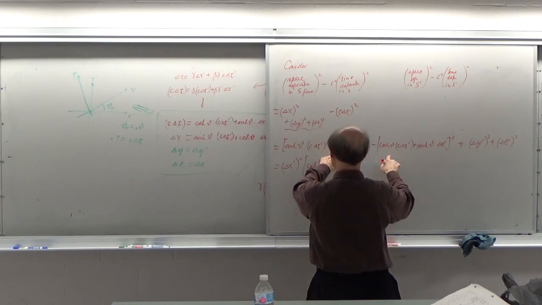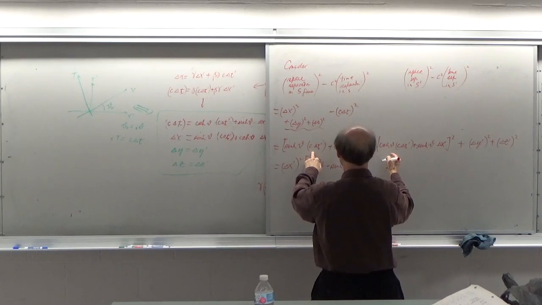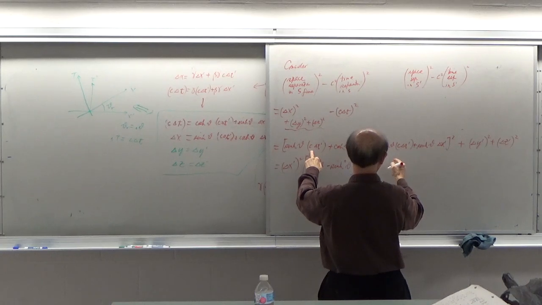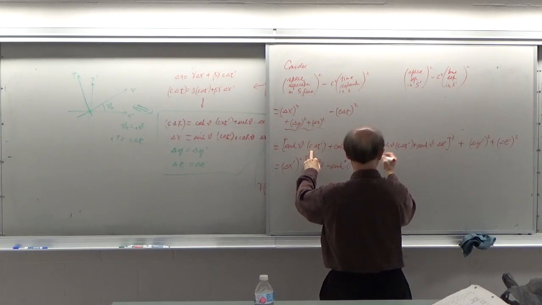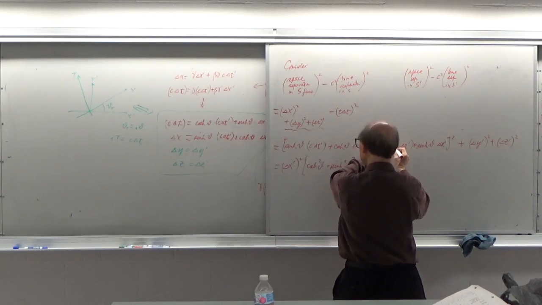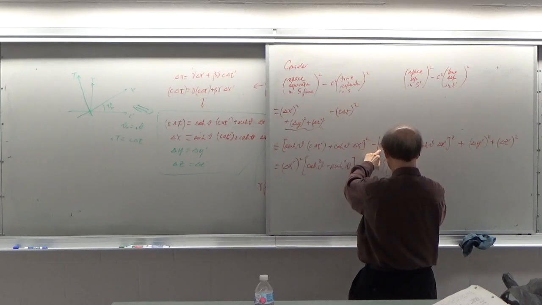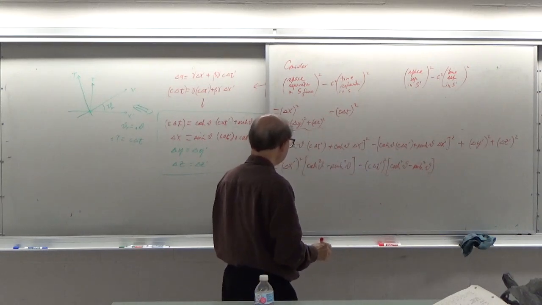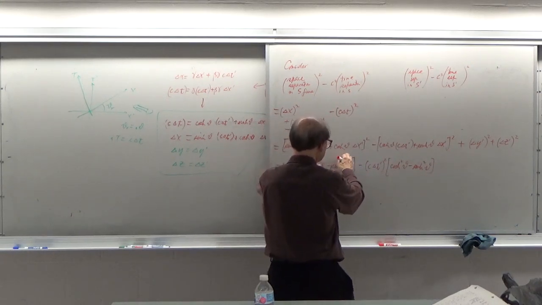And then for the c delta t squared, let me write this as minus c delta t prime squared. I have cos squared minus sinh squared. So that takes care of the direct terms.